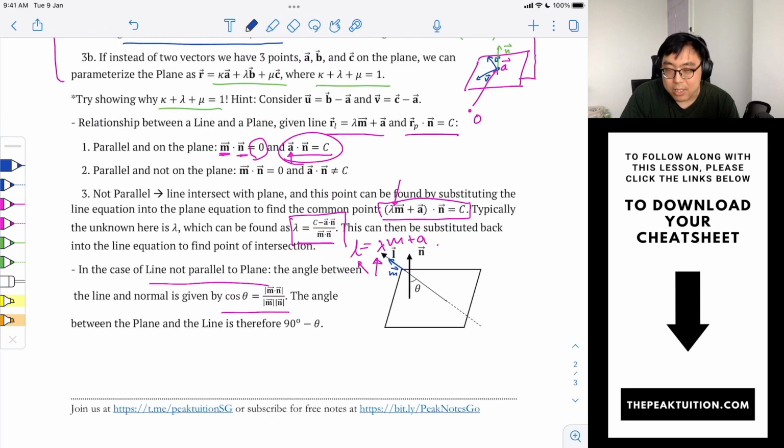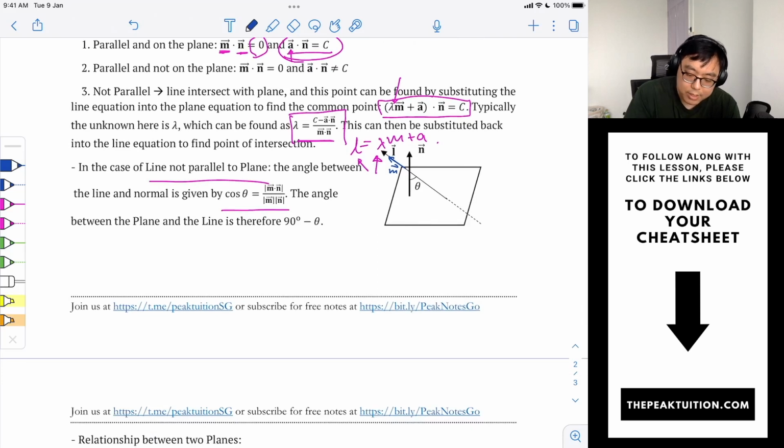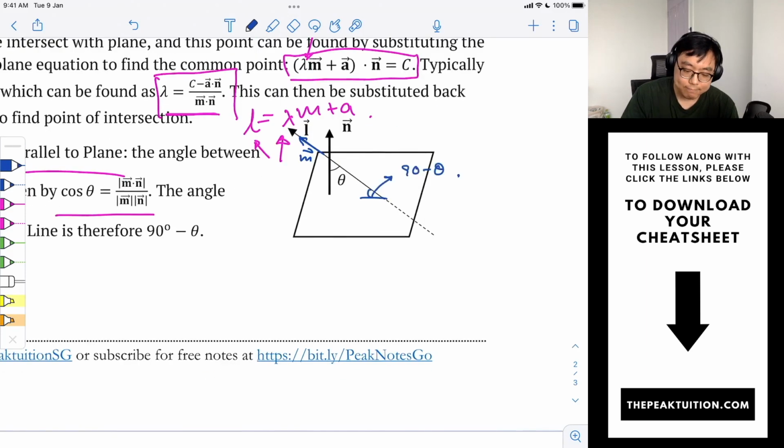Again, this is why it's so important. Therefore, because the angle between the normal and the line is theta, the angle between the line and the plane, this angle here, will be 90 minus theta. Okay.